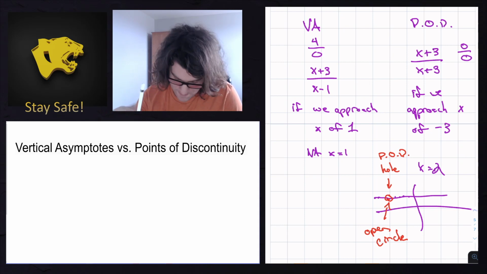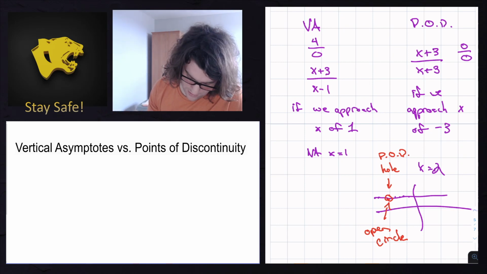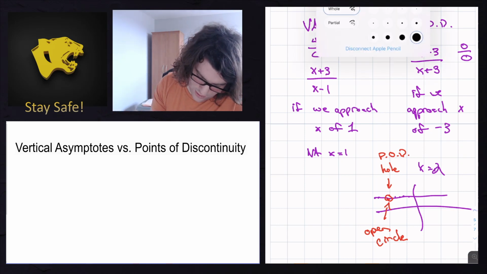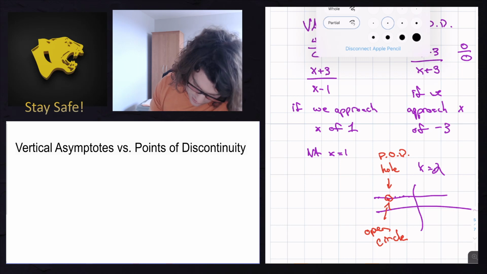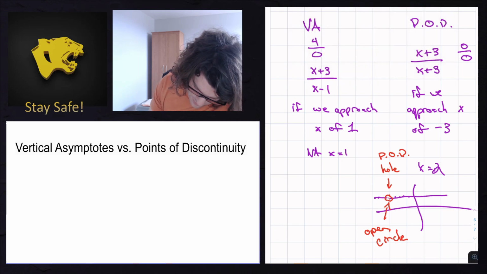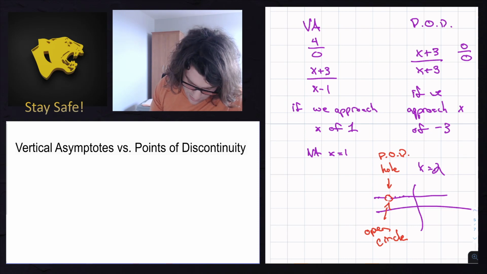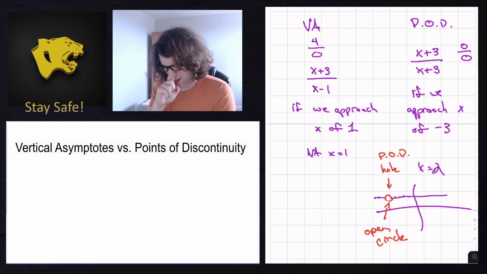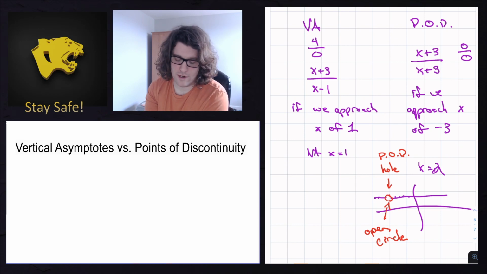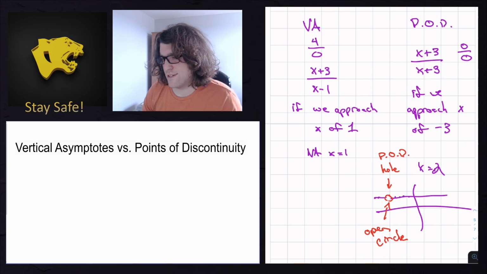Now, I should change this over to a partial erase and kind of do the middle. A lot of times the hole is apparent because you actually have nothing in the middle. So I was just drawing it over top of my graph there. It's a lot more clear if you don't, but it's not too big of a deal either way.